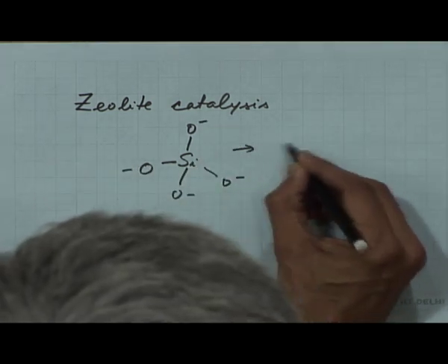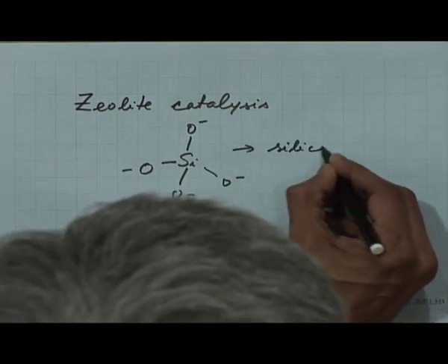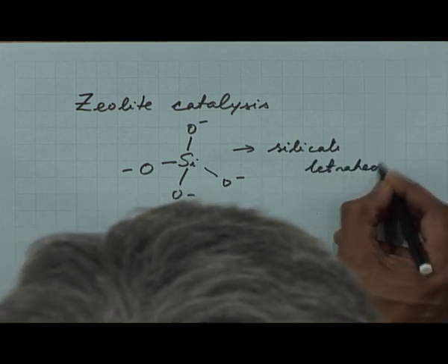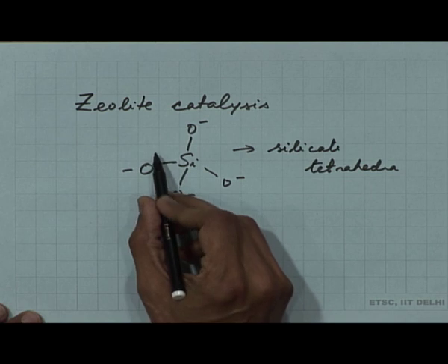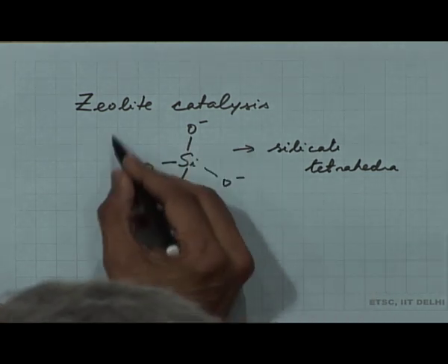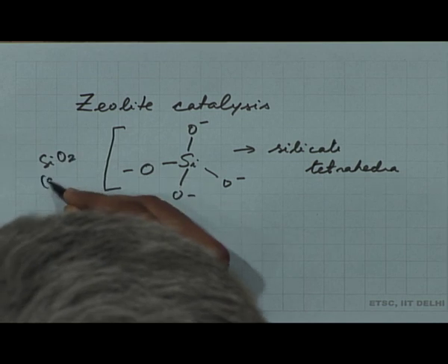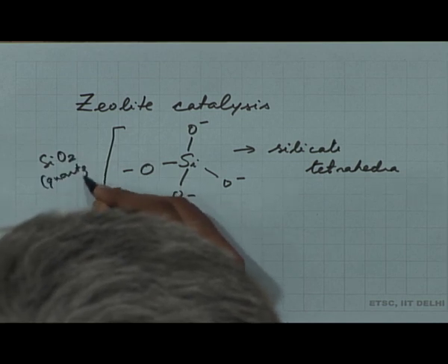So, this is the silicate tetrahedra, and you have extended structures of this, and that gives you silicon dioxide quartz or sand or whatever.